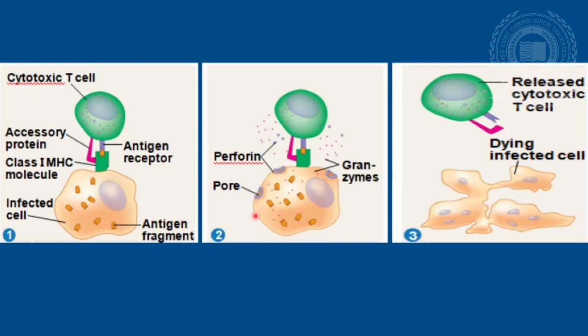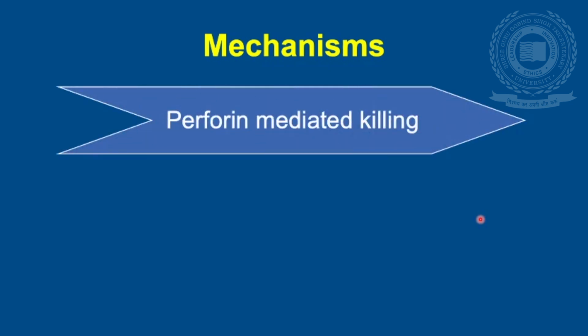By the release of perforin and various proteins, it causes lysis of the cell. The various mechanisms by which the cytotoxic T cells destroy the antigen-bearing cells are, first, perforin-mediated killing.